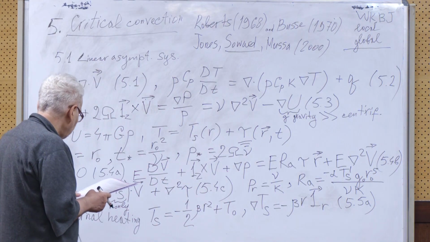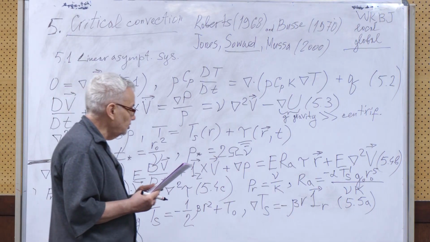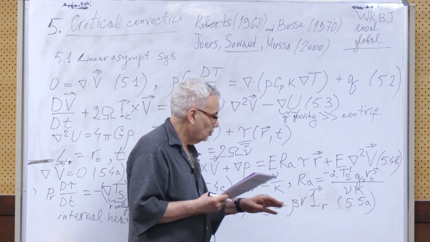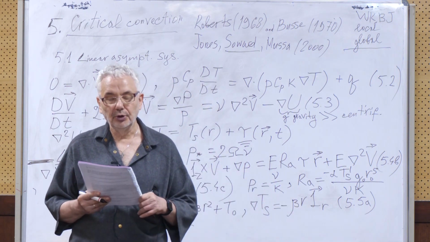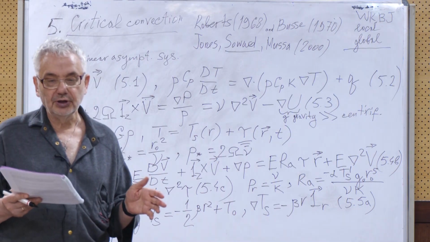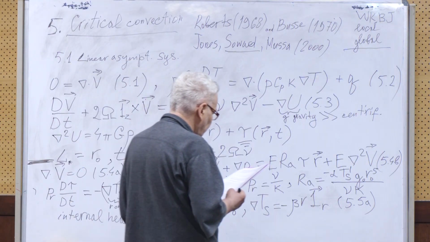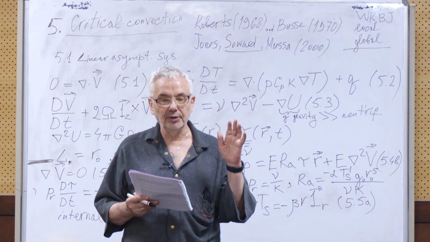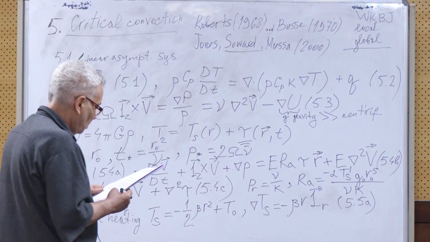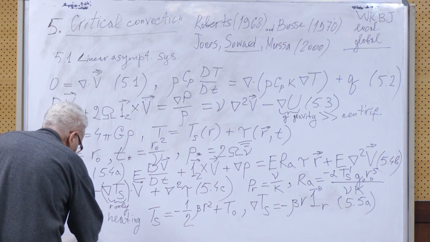So this is the internal heating, and also we could have the differential heating. Internal heating works when we have some value of heat flux distributed uniformly inside the sphere or spherical shell. But it's also possible to have differential heating, when we have one temperature on one boundary and another temperature on another boundary. In this case, it is slightly different.